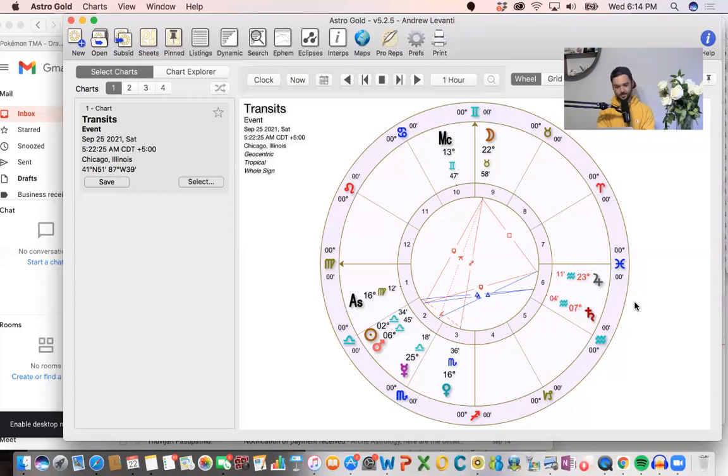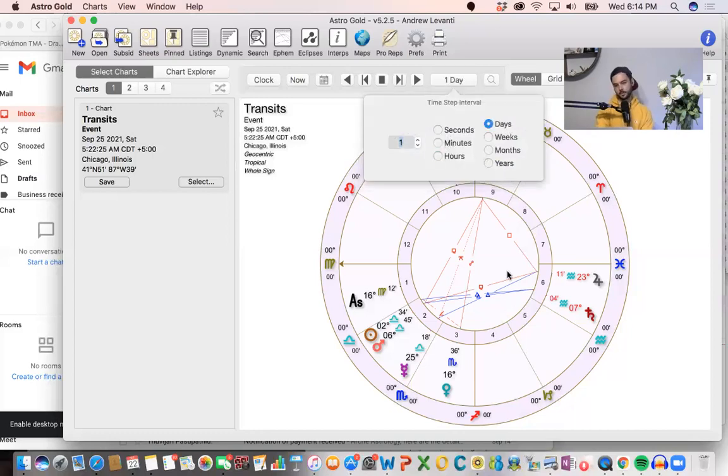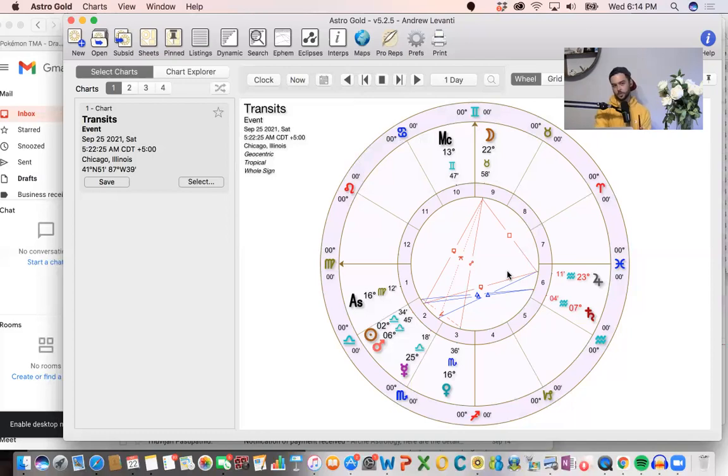If you said the sun and Mars, you would be incorrect, but only barely. So here the sun is applying to Mars and Mars is kind of scooting away from the sun slightly. So the sun is moving faster than Mars, but only barely.